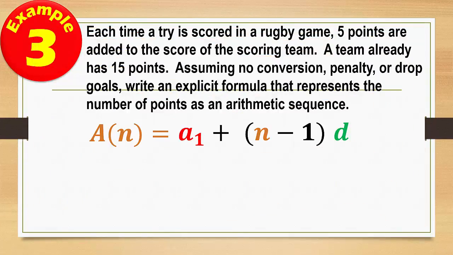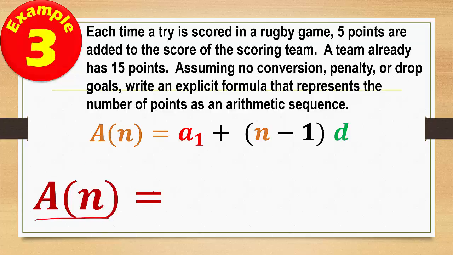All right. Now, each time a try is scored in a rugby game, 5 points are added to the score of the scoring team. The team already has 15 points. Assuming that there's no conversion penalty or drop goals, write an explicit formula that represents the number of points as an arithmetic sequence. So again, we're going to go ahead and fill in a_n, or a sub n.